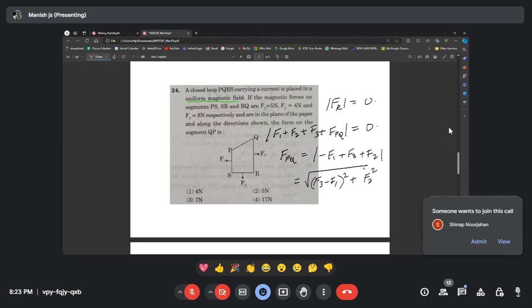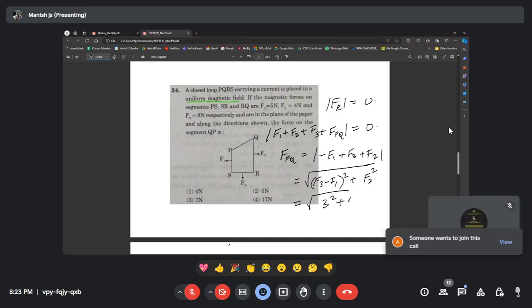That's it. Substitute it and simplify. F3 is given as 8, so 8 minus F1, which is 5, gives 3. 3 squared plus F2 is 4 squared. So root of 3 squared plus 4 squared. What is the value? I think it's a Pythagorean triplet, right? So we would get 5.